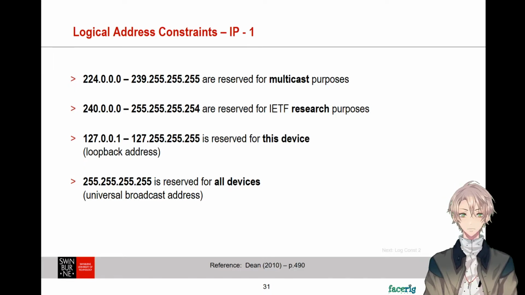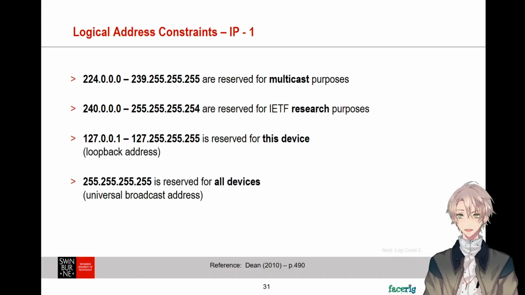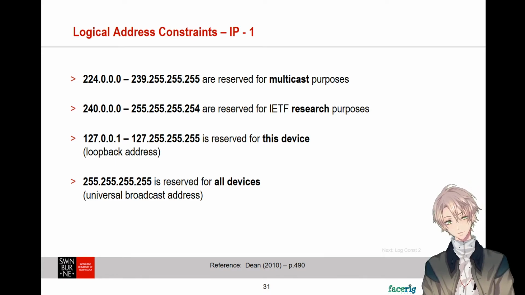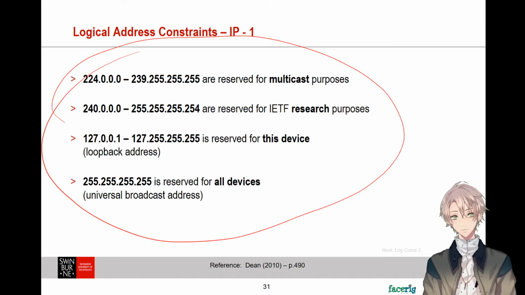There are multiple constraints of IP addresses. Okay? You cannot use IP addresses in this constraint. Basically, you cannot assign your device these IP addresses technically if you want to browse the internet with it.